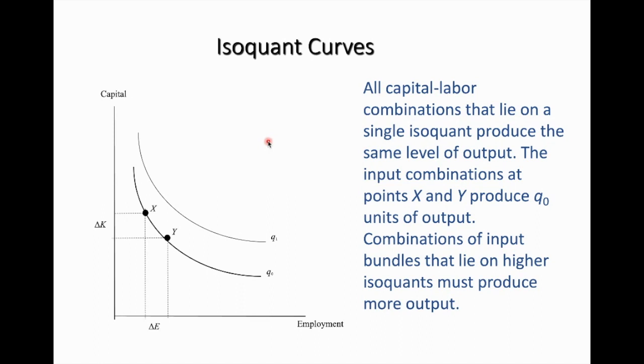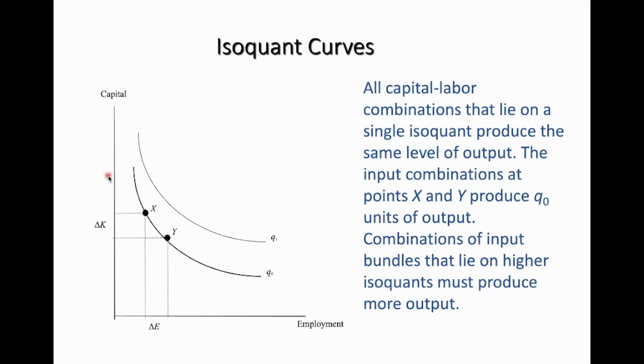To present that idea, we start by looking at the following diagram, and this diagram is called the isoquant curve. All points along this isoquant Q0 would give us the same amount of output equal to Q0.